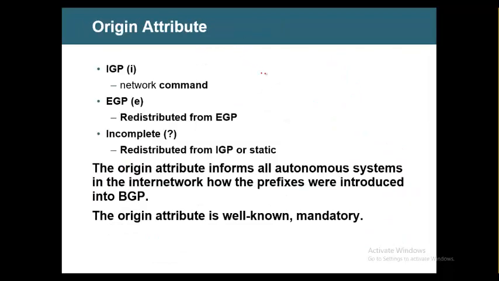Smaller is preferred. I is smaller than E. E is smaller than question mark. Smaller is preferred. The origin attribute informs all the autonomous systems in the internet network. That's why I said in Melbourne you advertised using the network command.